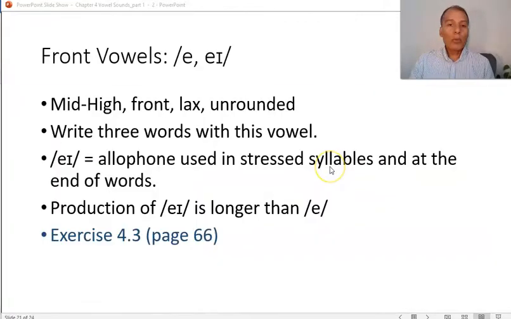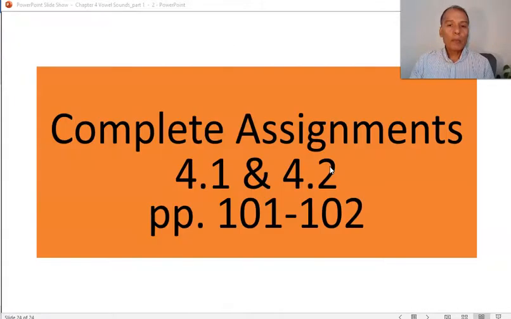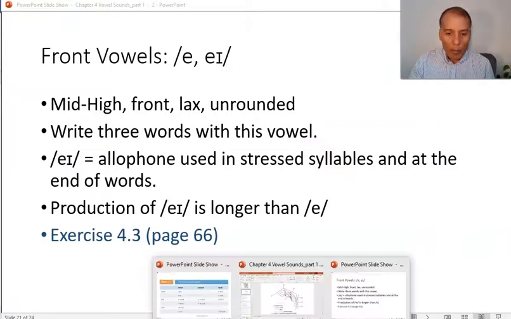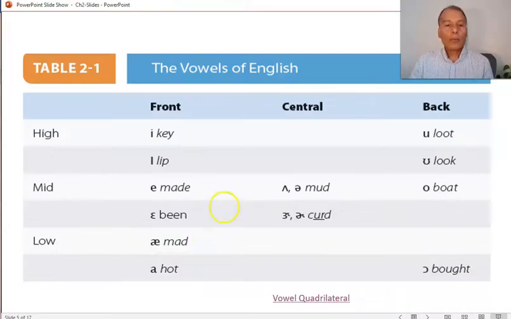And we'll get back to the chart. Now you can read the chart. You can understand what high, mid, low mean, what front, central, and back mean. And you have examples here as in E. The symbols again in your textbook are not very consistent. Unfortunately, I'm sorry, they are okay, but a couple of them are not very deep into phonetics.